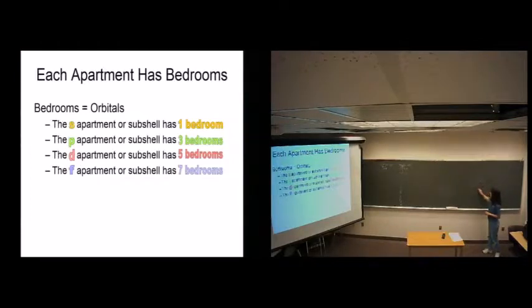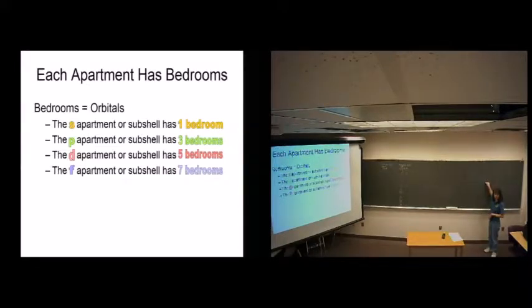1, 2, 3. Now don't confuse this number with the number of bedrooms in here. The S has 1 bedroom. Instead of calling it the 1S, we're going to call it the 10. And the P has how many bedrooms? 3. So instead of saying 2P, I'm going to say 21.